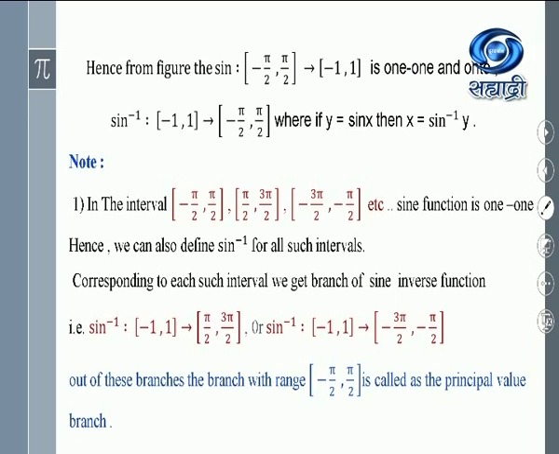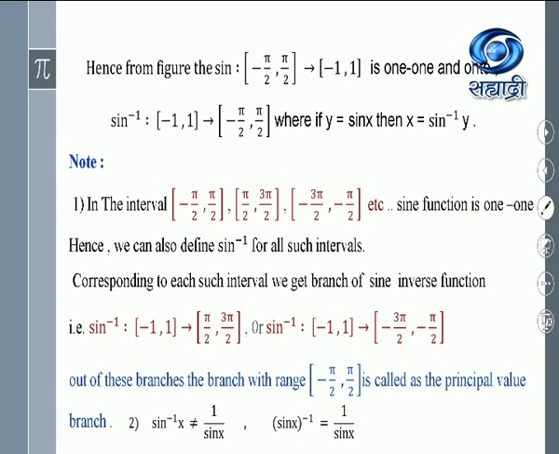All these things you have to remember, because in the exercise you are asked to find the principal values of the inverse trigonometric functions. So this is about the sine inverse function. Make it a point: sine inverse x is not equal to 1 upon sine x. Remember, that is the reciprocal. We are finding the inverse function, so please don't get confused.